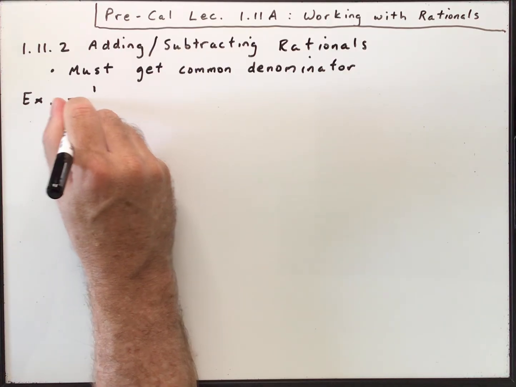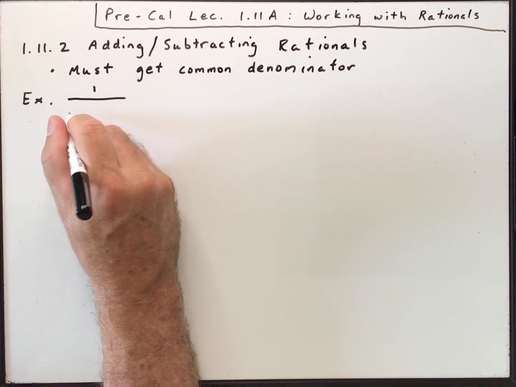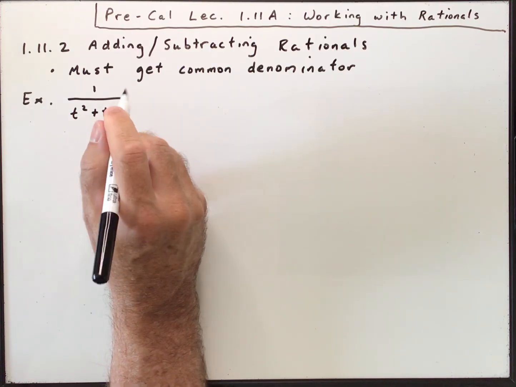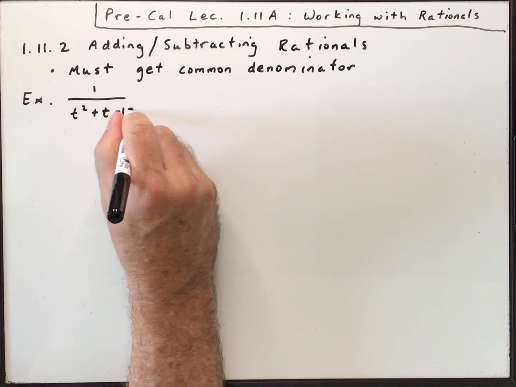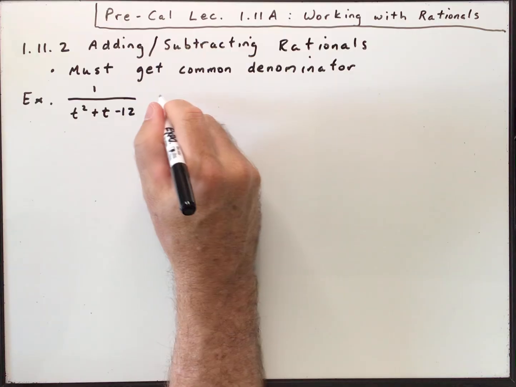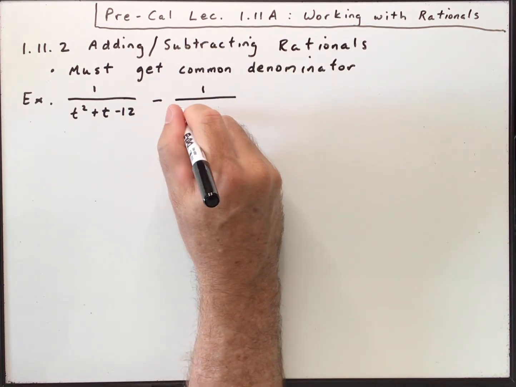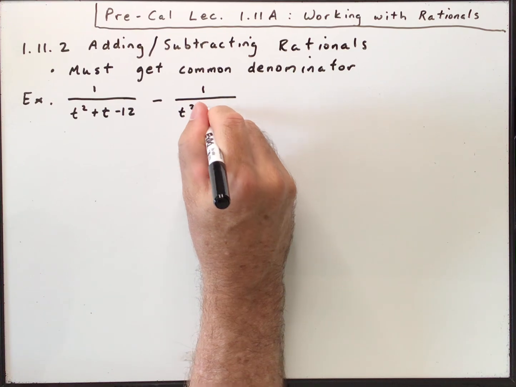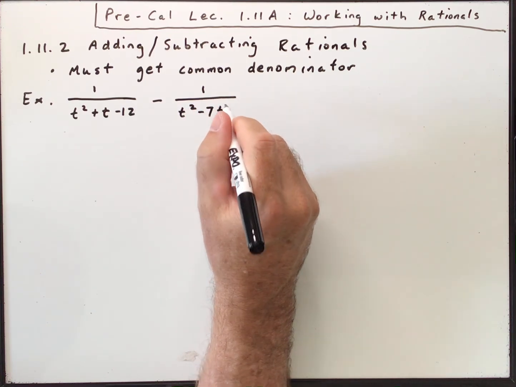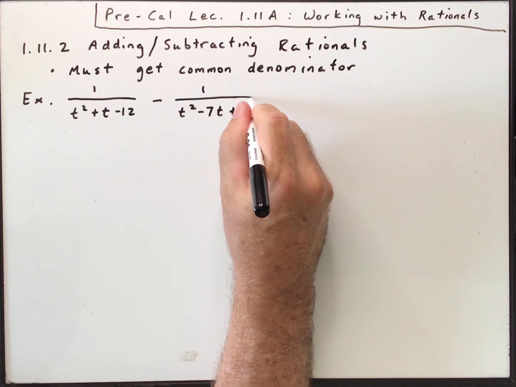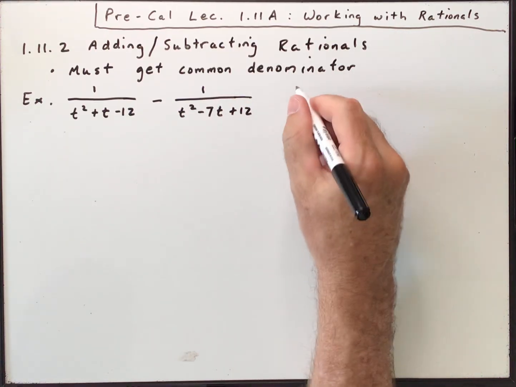Let's say we have 1 over t squared plus t minus 12 minus 1 over t squared minus 7t plus 12. And I've got to make sure that I write these down right.